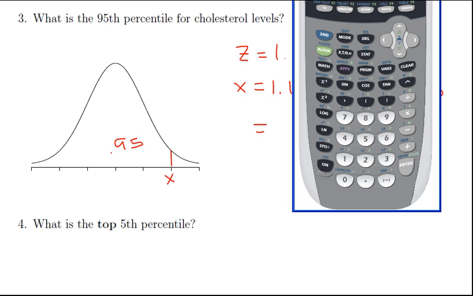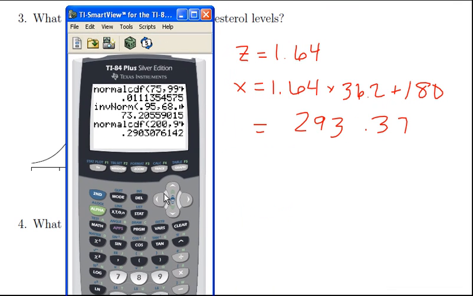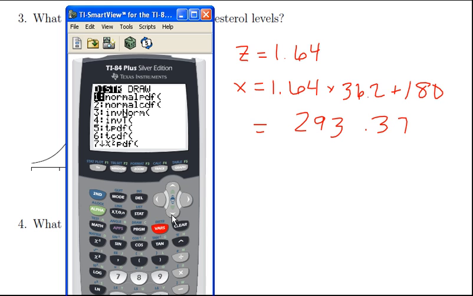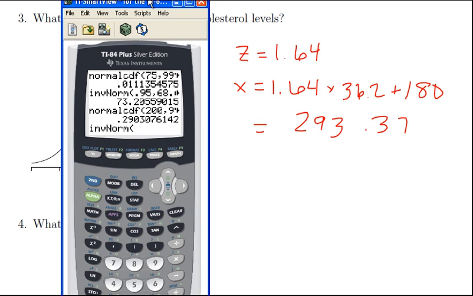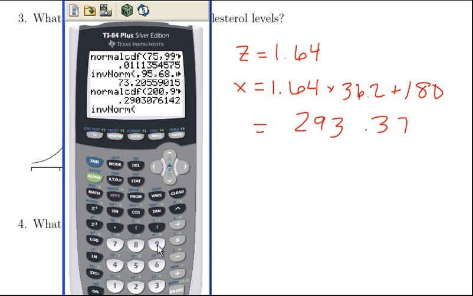And on the calculator, I would just go to second vars. Now this is an inverse norm problem, so I hit enter for inverse norm. Area to the left is 0.95. Then the mean is 180.